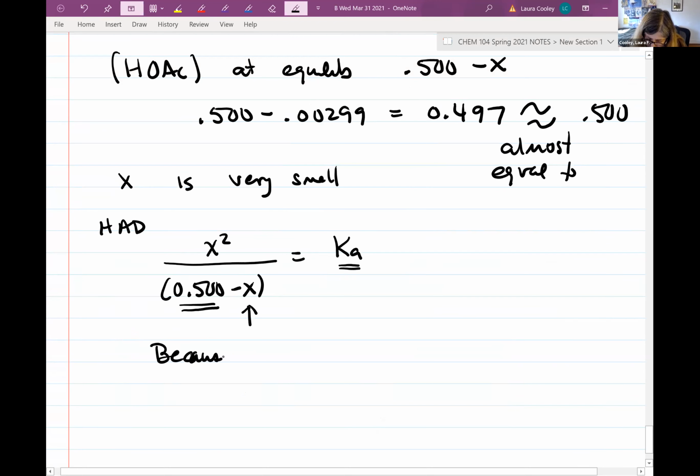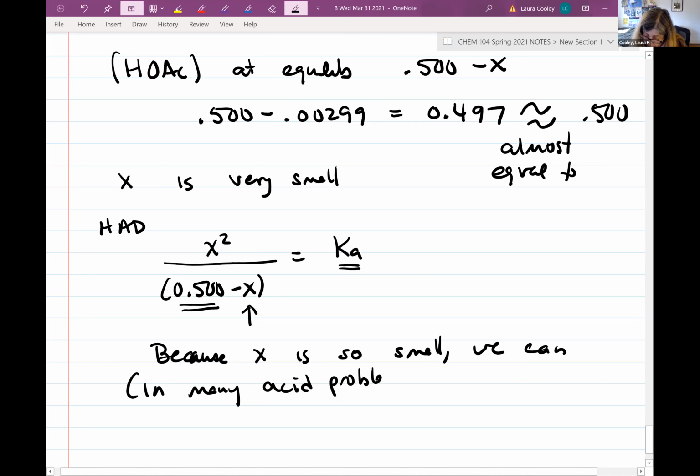Because X is so small, in many acid problems we can neglect it in comparison to 0.5.